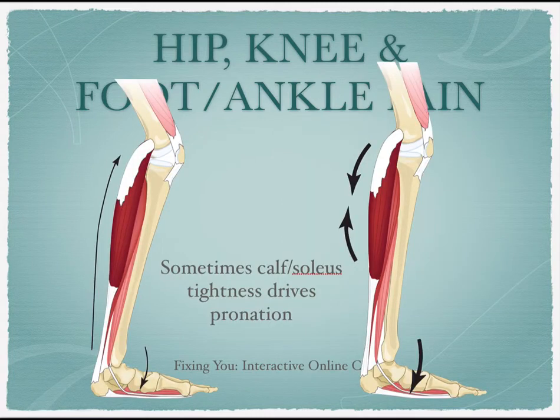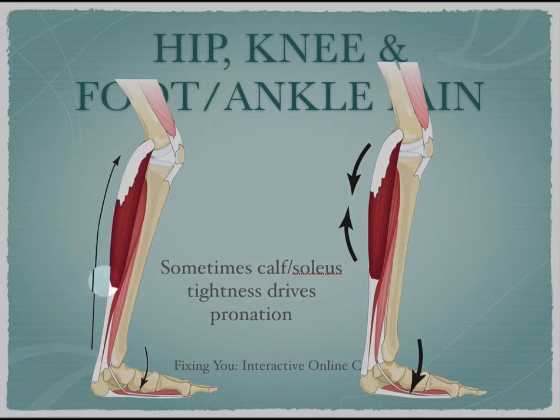Now, the big reason why the calf and soleus is so important is that when we are walking, if our calf and soleus muscles are nice and lengthened, it allows the knee to pass over the foot easily while we're walking. And so very little stress is transmitted down into the foot because the ankle joint is moving easily.